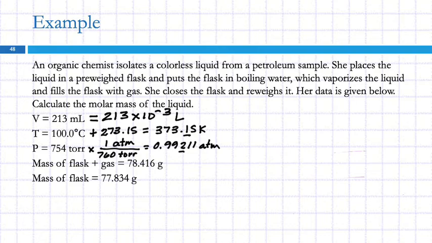So let's find the moles. We rearranged the equation in the previous slide, so we're not going to go over that again. n was equal to PV over RT.